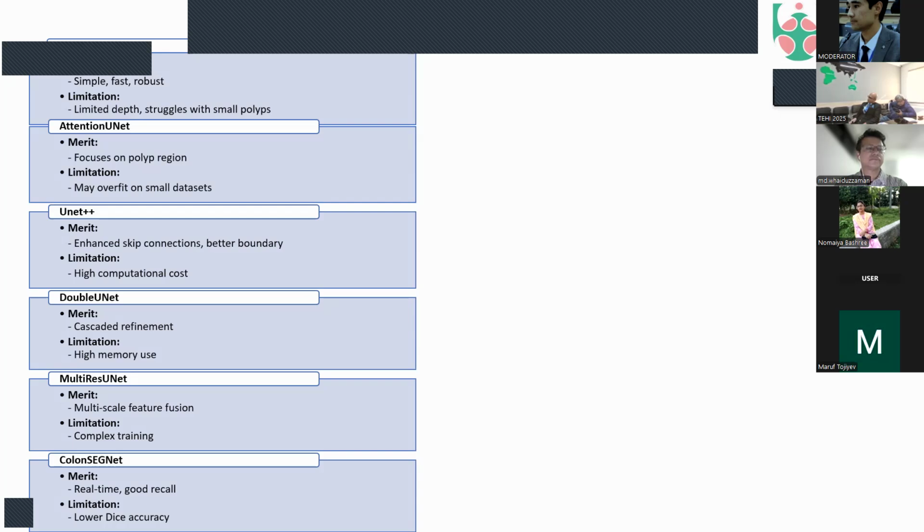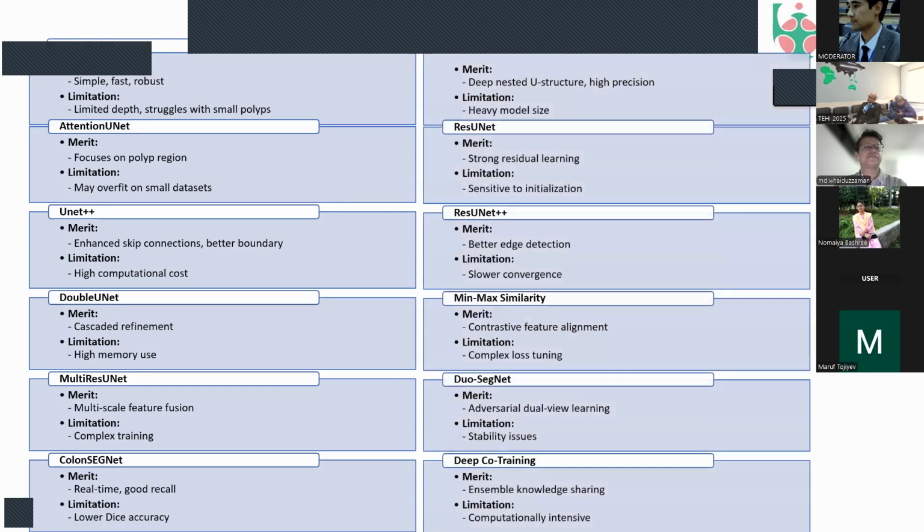These are the merits and limitations of these models. We also employ ResUNet++ models on 3 semi-supervised approaches. These are min-max similarity, which has contrastive feature alignment and the limitation of complex loss tuning; the dual segment approach with adversarial dual-view learning and the limitation of stability issues; and deep co-training with the merit of ensemble knowledge sharing and the limitation of being computationally expensive.